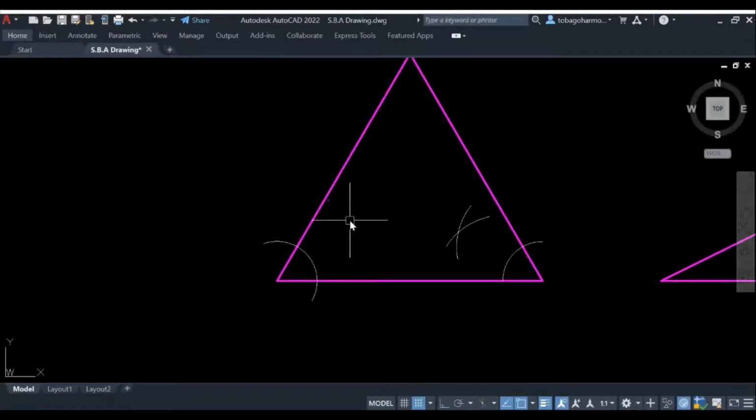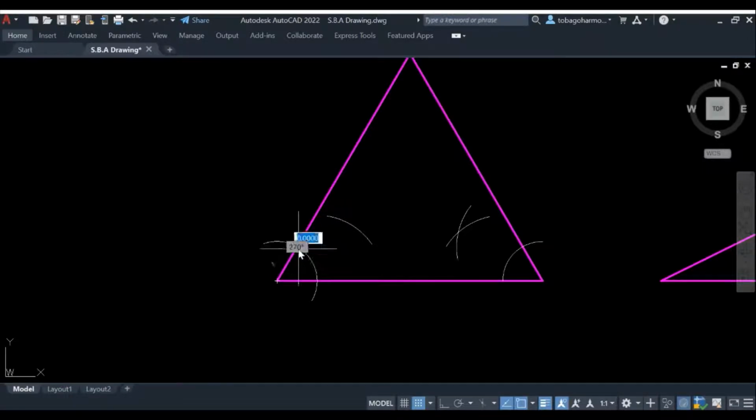Okay, so we have our intersecting arcs for the first angle, and now we'll do the second angle. In both cases, I would have used arcs of the same length.